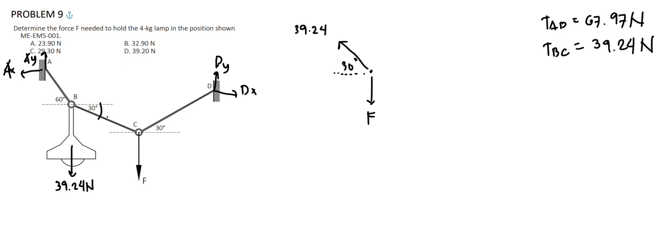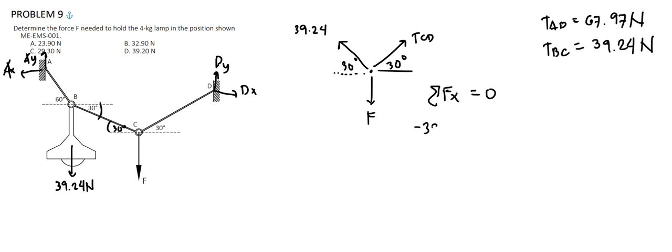By the alternate interior angle theorem, this angle should be equal to 30 degrees. And we have an unknown force, tension CD, acting at 30 degrees upward. To solve for force F, we need to solve first for tension CD by summing up forces horizontal, that is equal to 0.